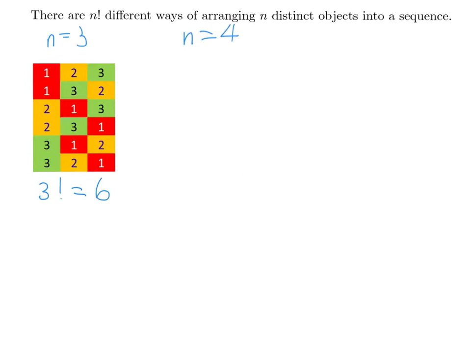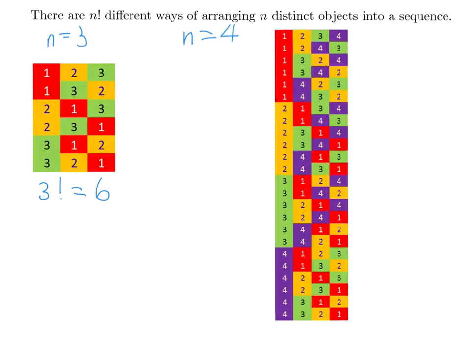There are 24 ways to arrange 4 objects. Okay, let's see how it relates to the case when n equals 3. We have totally 6 cases such that A is the first object. When A is the first object, we have 3 objects following, and there are totally 3 factorial, that's 6 ways to arrange them.